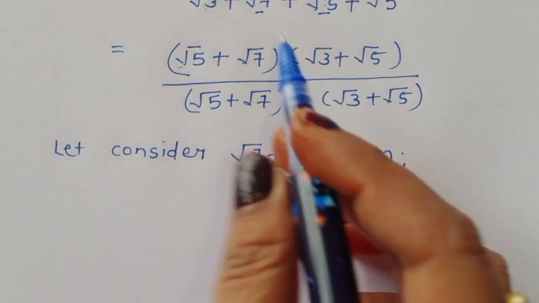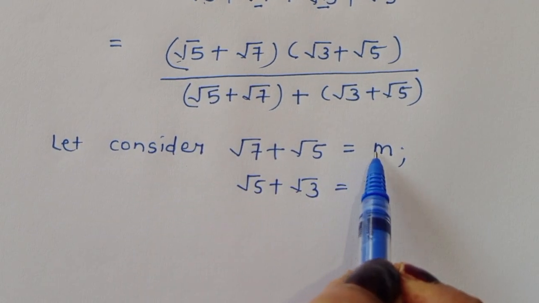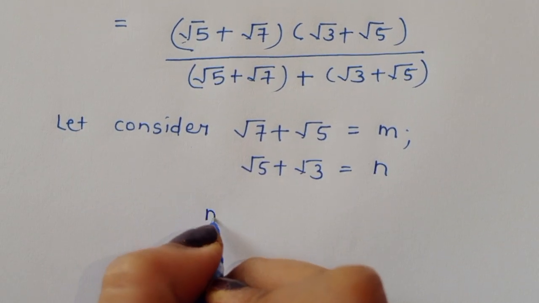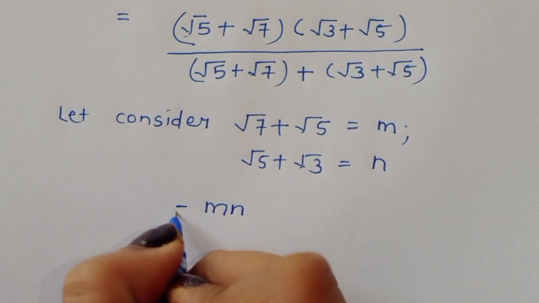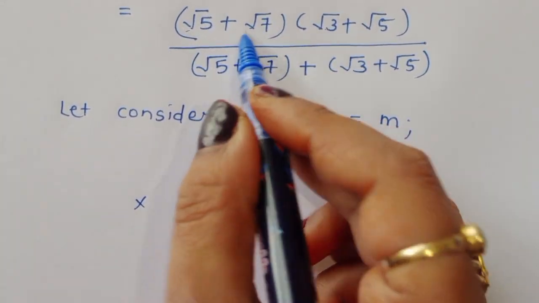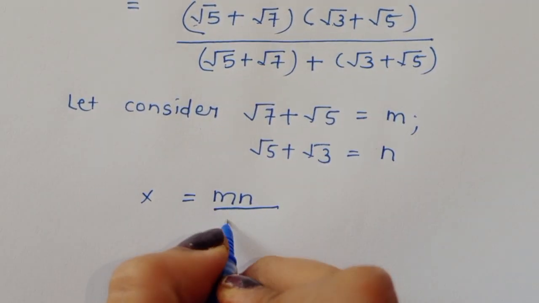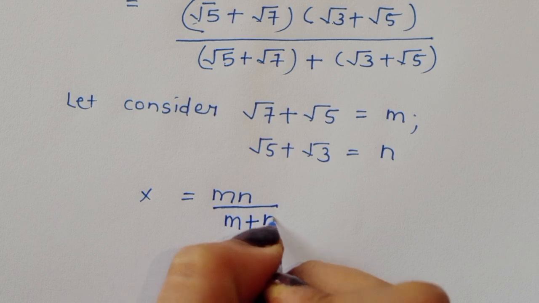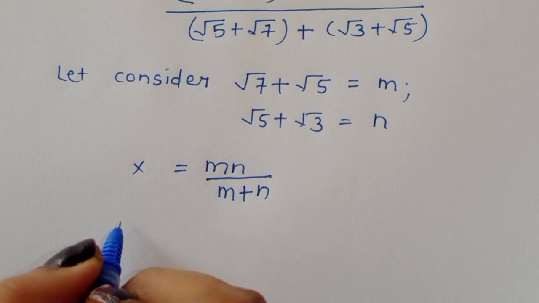Now square root of 5 plus square root of 7, or square root of 7 plus square root of 5, is m. So we can write this as m times n. x is equal to mn divided by m plus n, right?